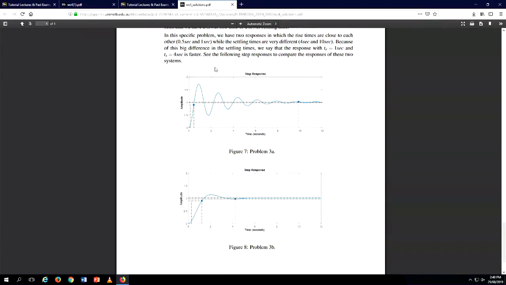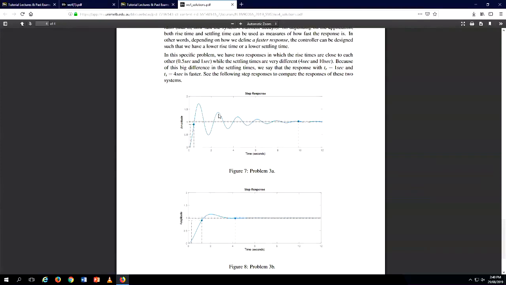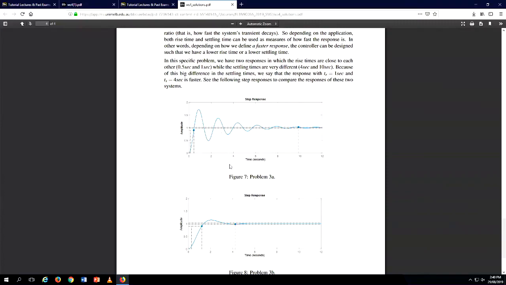So these are basically responses that you get from various selections of locations of poles, right? So note that if you have more damping, your response would be less oscillatory, right? If you have less damping, this corresponds to less damping, this corresponds to more damping, all right?